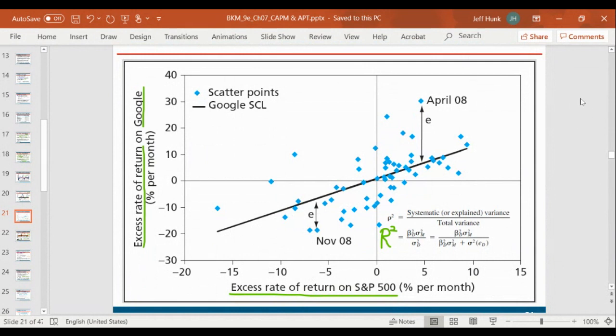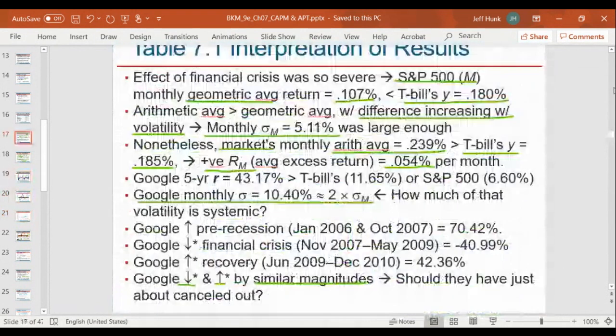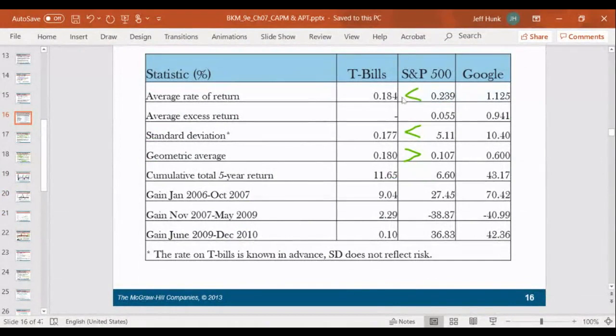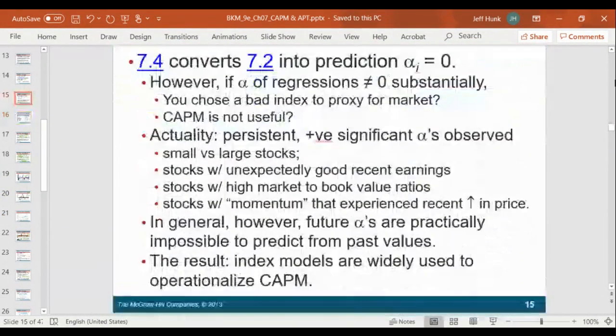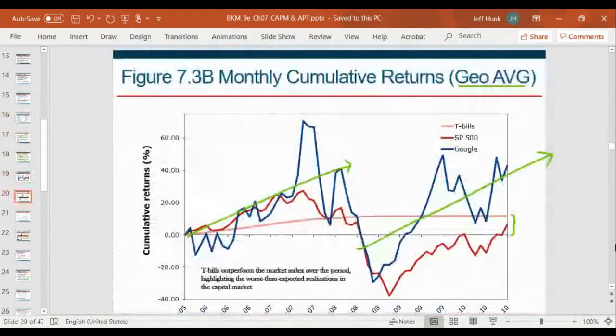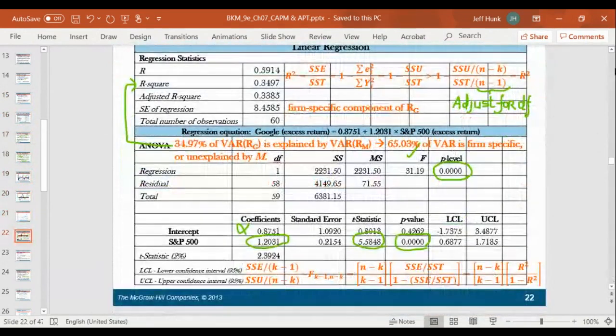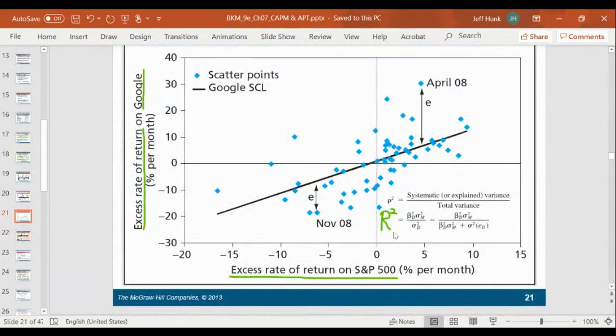And instead of just having the summary statistics, here's the summary statistics. This is basically the graphical representation.